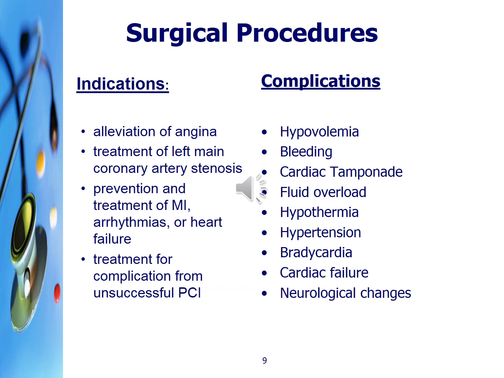Complications are related to the decreased cardiac output. It is also related to surgical trauma during surgery. The patient can develop hypovolemia due to the fluid shifts that occur during the procedure. Also, due to the bleeding, they can have hypovolemia as well.